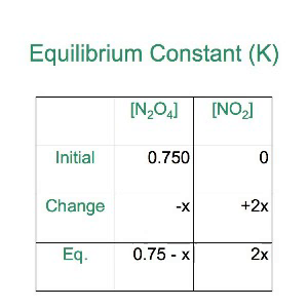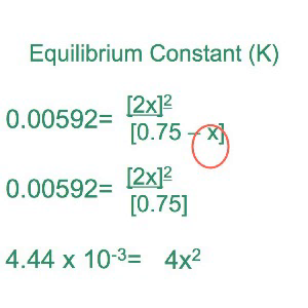So I'm going to subtract x from it theoretically, but what I'm saying is that the amount of x that I subtract from it is so small it's not really going to make a difference. For example, if I solve for x and let's say hypothetically I find it to be 0.0001, well, in the grand scheme of things, 0.7499 is really the same thing as 0.75 for the purposes of doing this sort of chemistry.